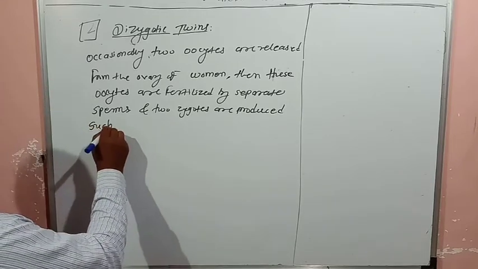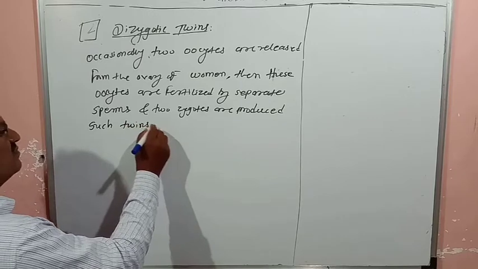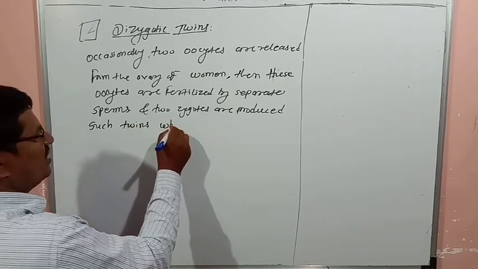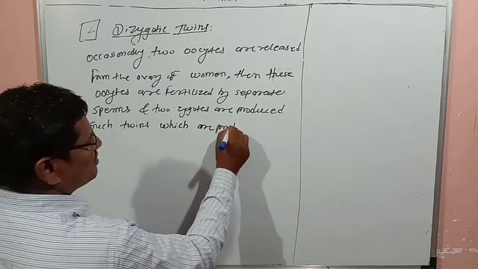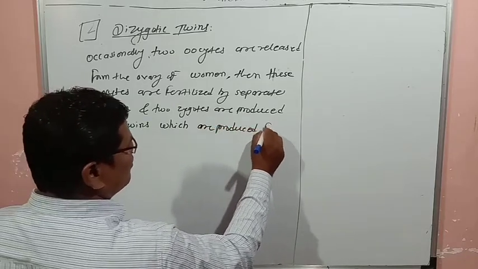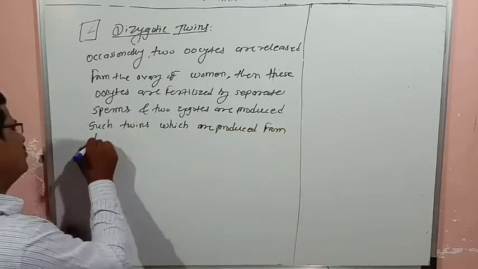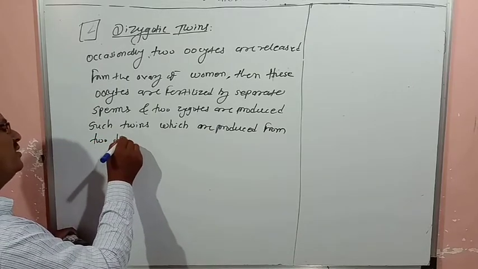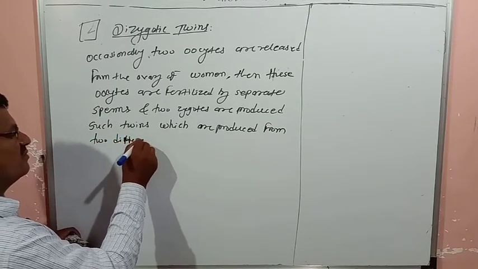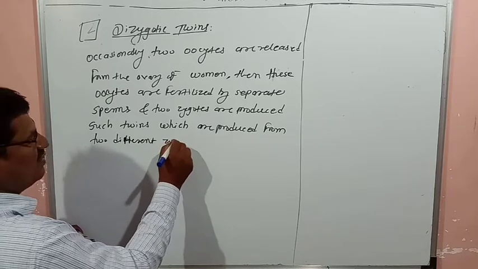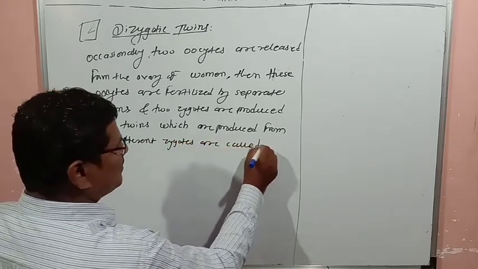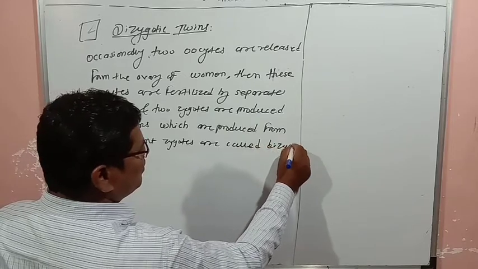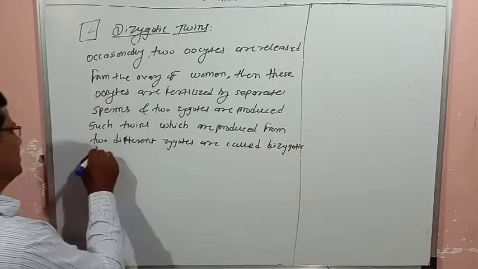And such twins which are produced from two different zygotes are called dizygotic twins.